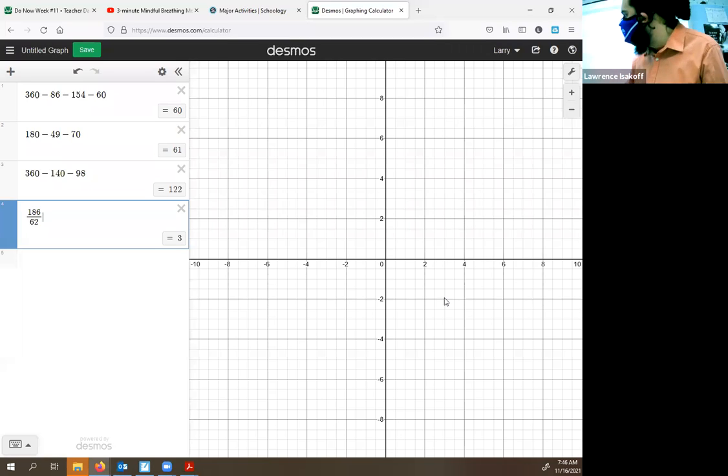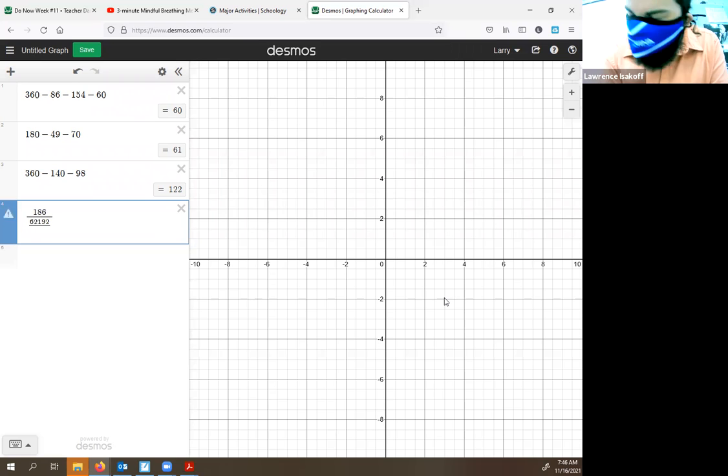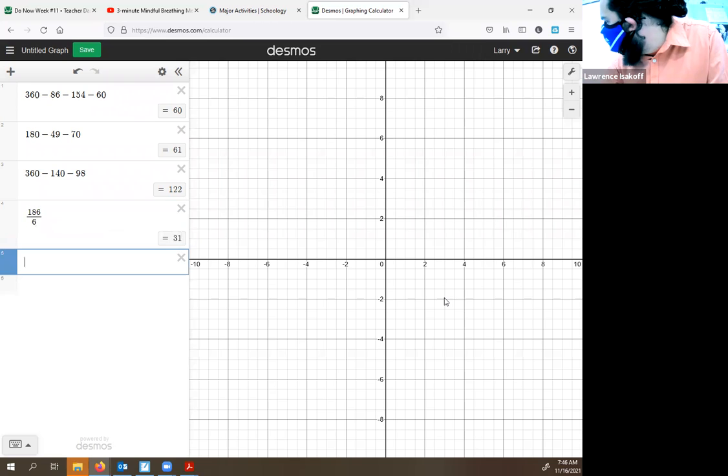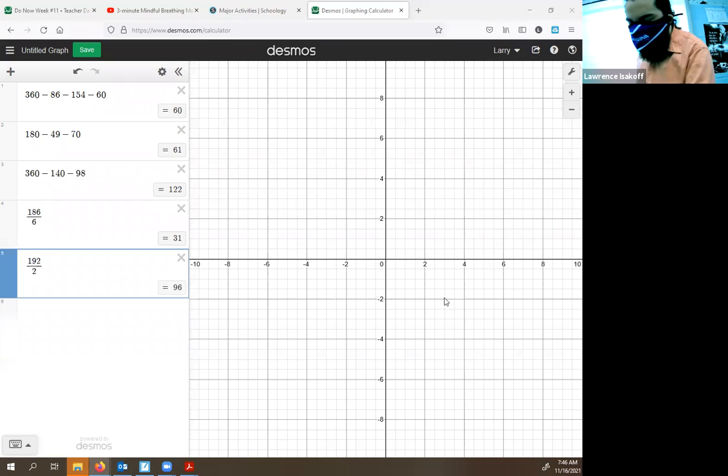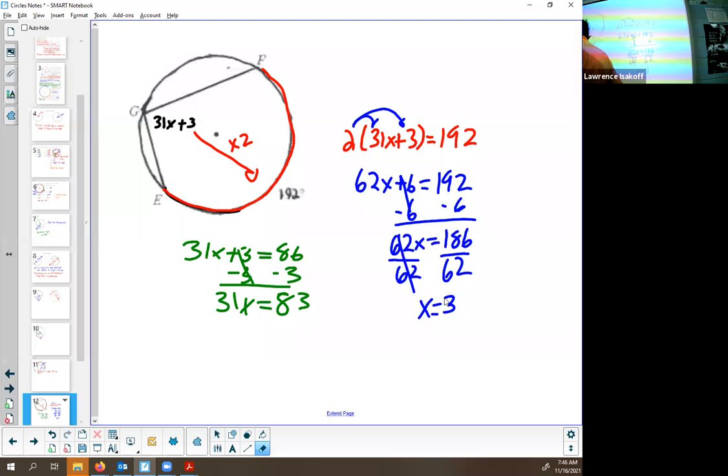Let me double check. 192 divided by 2. I did divide wrong. It's 96, not 86.